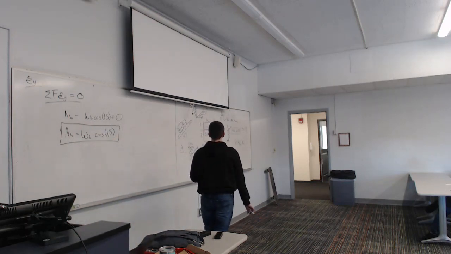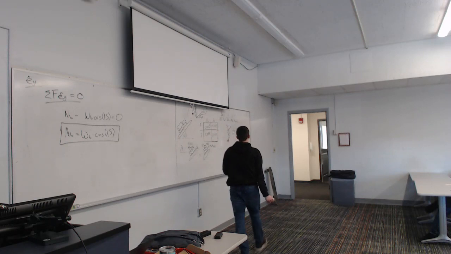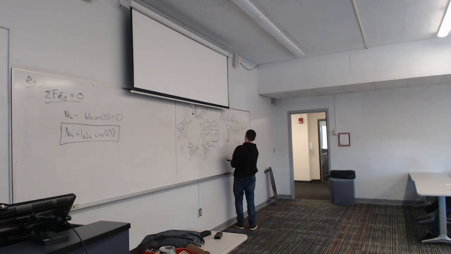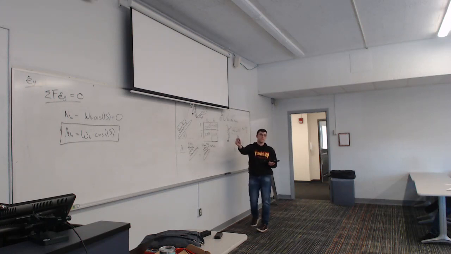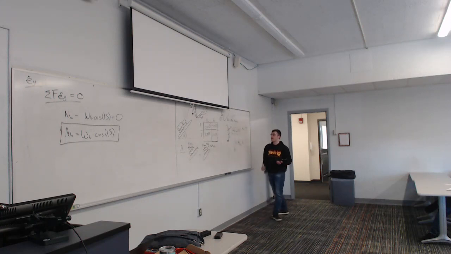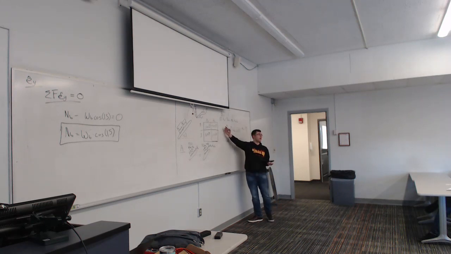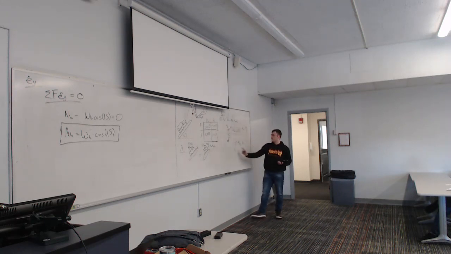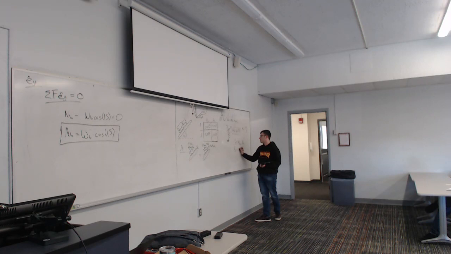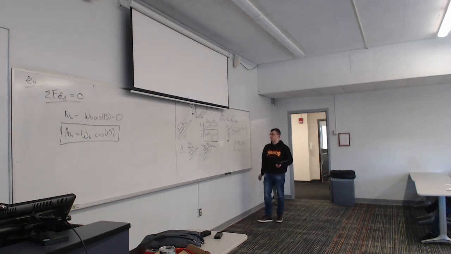Okay. So I can now define the frictional force of B. I figured out everything I can from summing the forces in the EY direction, and now I have useful information. I come back to this stuff I had over here, and frictional force of B is now equal to the kinetic coefficient of friction, which was given, times the weight of B times cosine of 15.